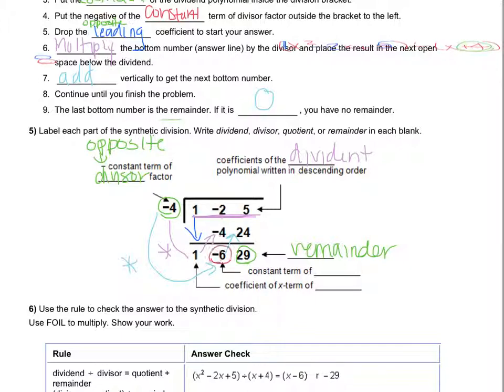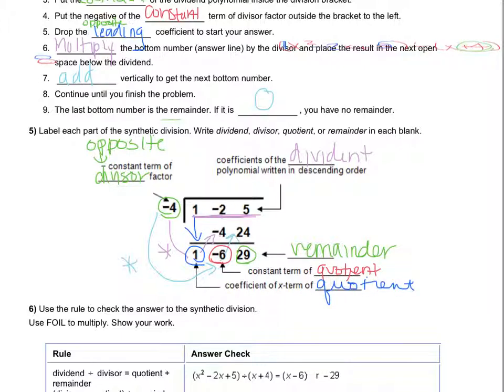And then the minus 6 is going to be the constant term of the quotient. And the 1 is going to be the coefficient of the x term of the quotient.